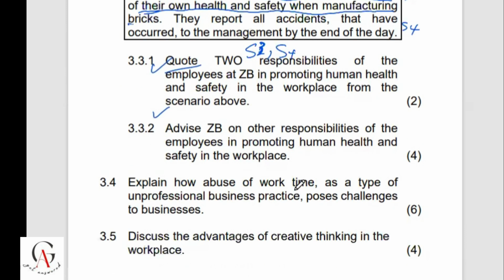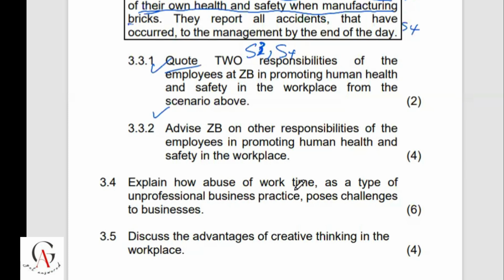Okay, right. So now other responsibilities of the employees in promoting health and safety in the workplace: they must use prescribed safety equipment, report unsafe working conditions to the relevant authorities or management, and also inform the employer of any illness that may affect the ability to work.